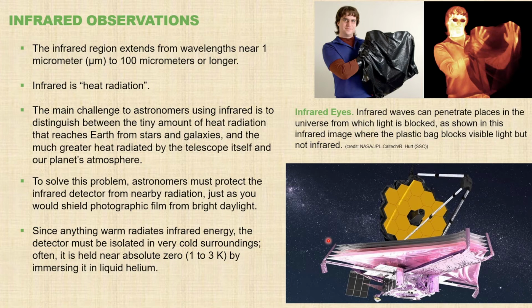So for that reason, there are these foils. These are almost football-field-sized foils. Again, the telescope always faces away from the sun, and the foil blocks the radiation coming from the sun.